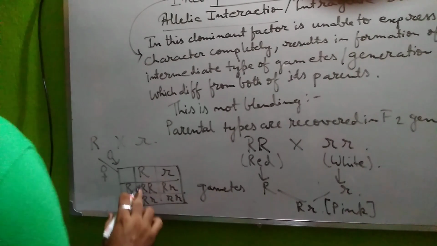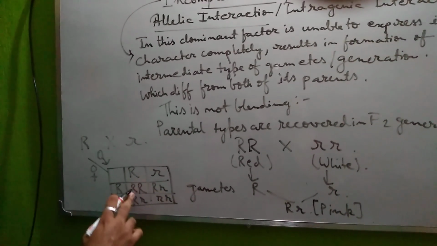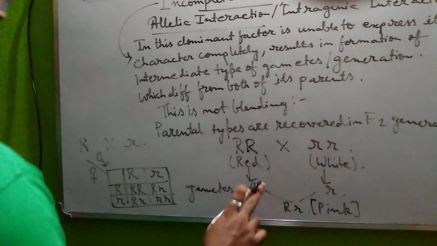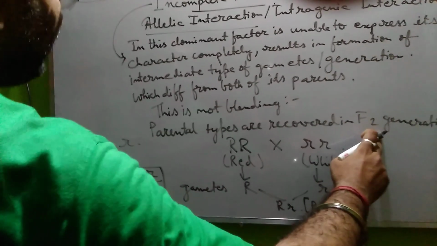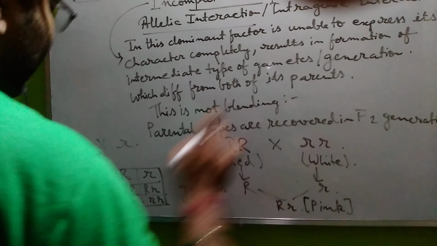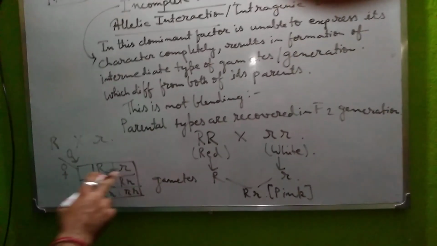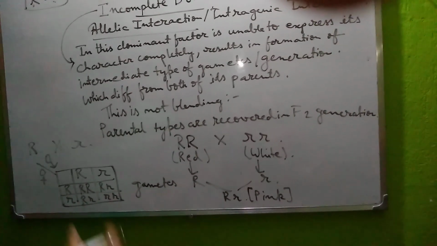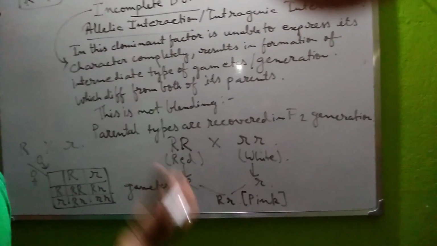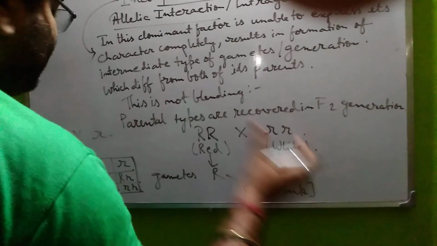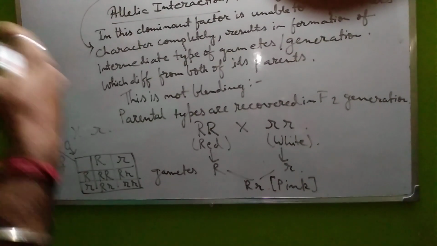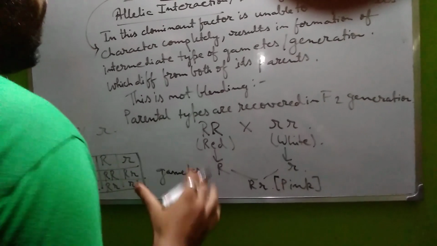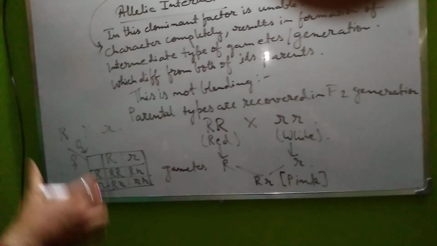In the F2 generation, I am again getting back the parental types. So that's why I said that this does not mean blending. Blending would not have given me this; it would always have given me a mixture. So when in the F2 generation you are getting back the parental types, that means it is not totally a blending. It is what we call incomplete dominance.